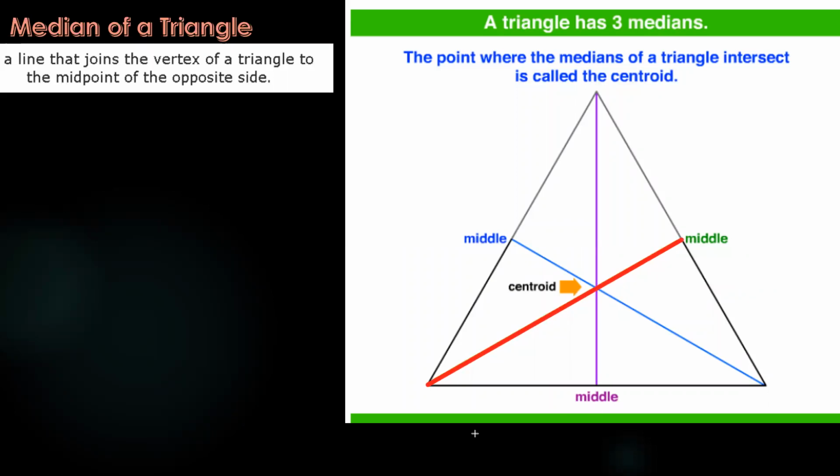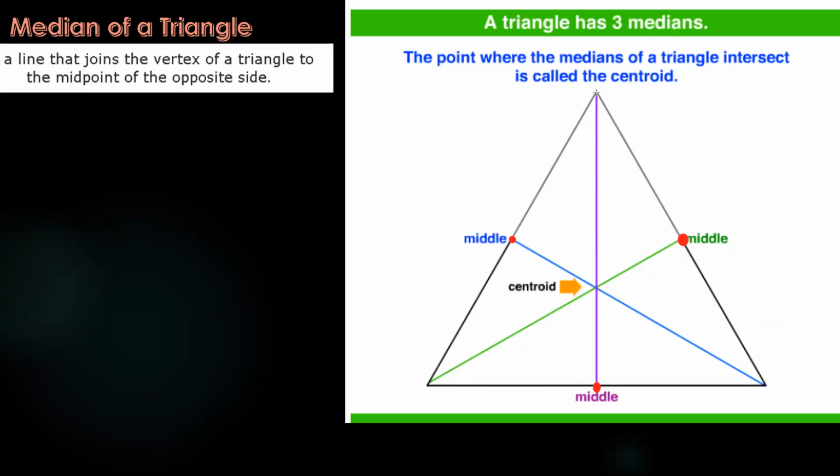First, I need to ask myself, where is the midpoint of this side? It will be here. And the midpoint of this side will be here. The midpoint cuts the side into 2 equal parts. And the midpoint of this side will be here. After I did this, I will draw lines starting from the vertex. Where are the vertices of the triangle? They are at the angles.